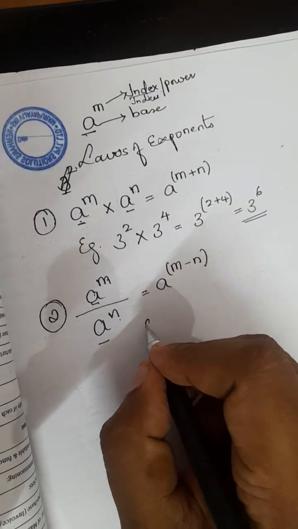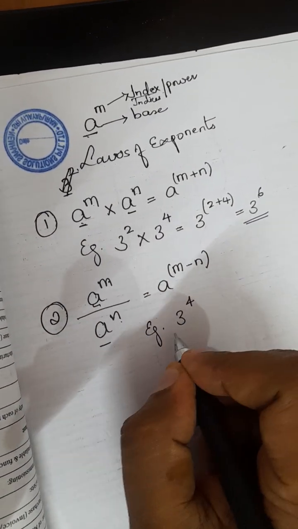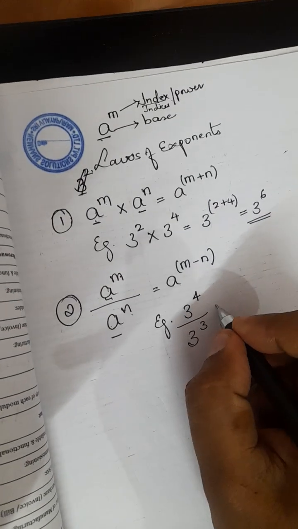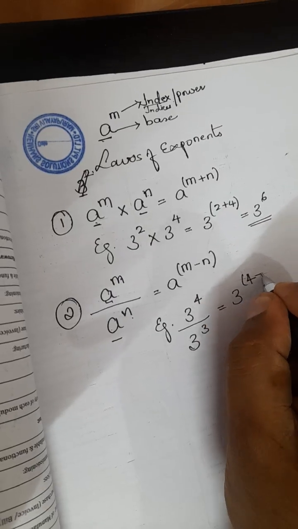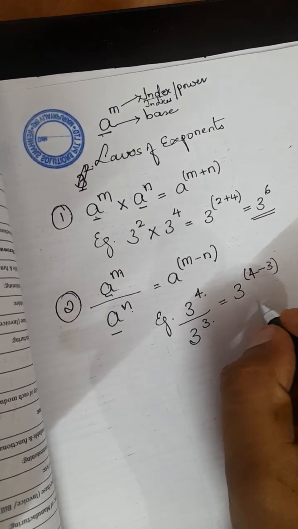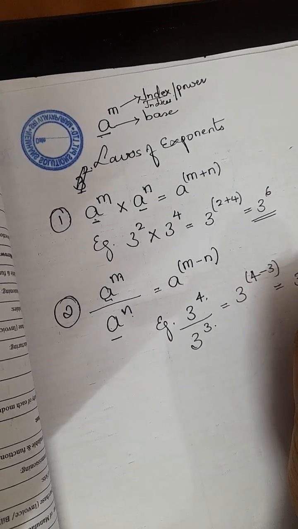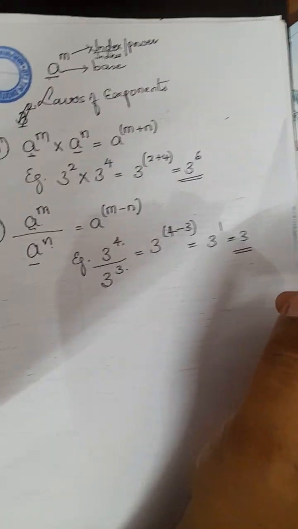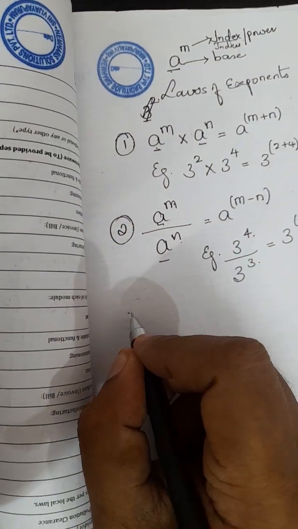For example, 3 to the power 4 divided by 3 to the power 3 is equal to 3 to the power 4 minus 3, that is 3 to the power 1, which is equal to 3. So this is the second one.